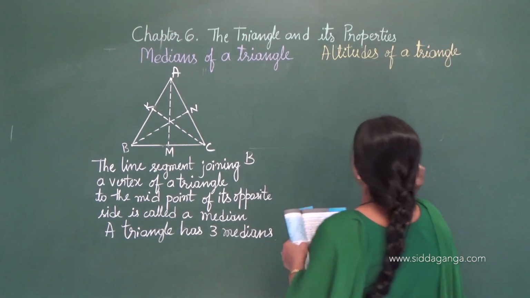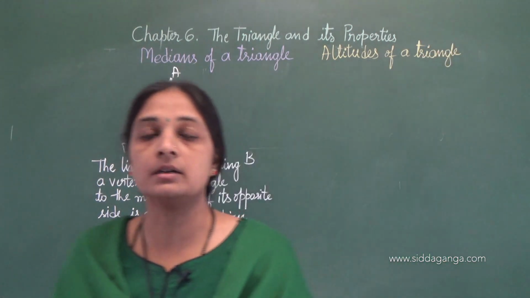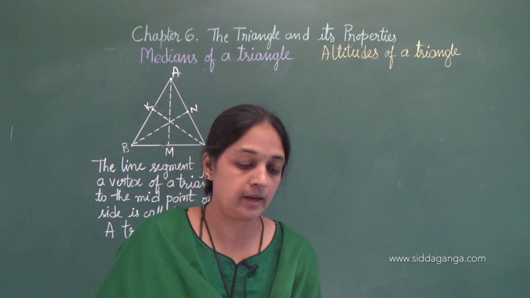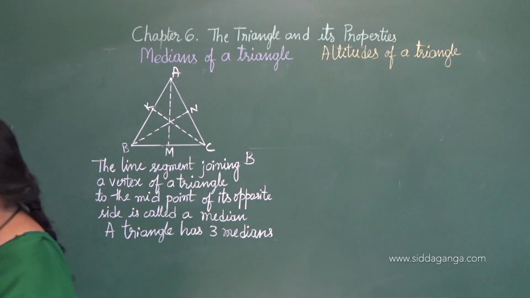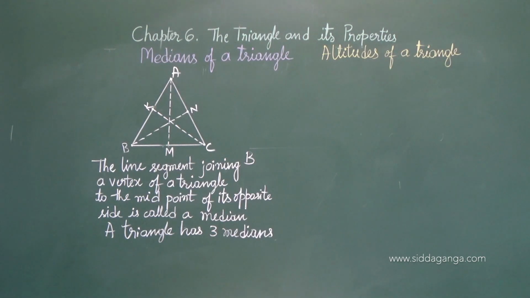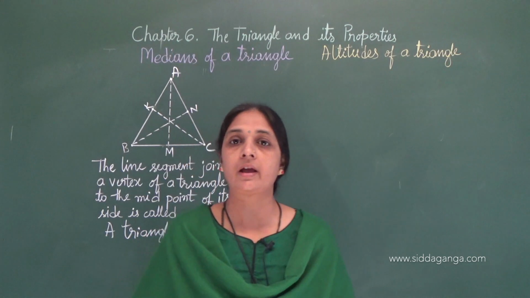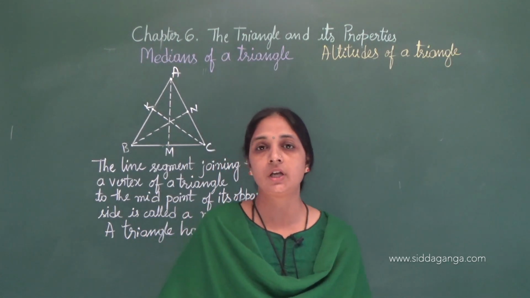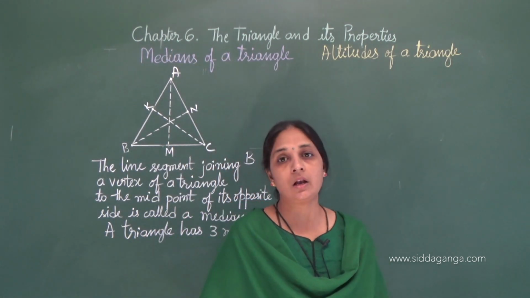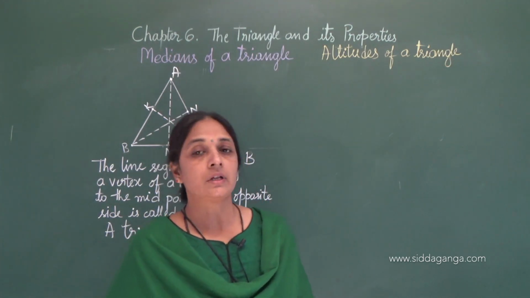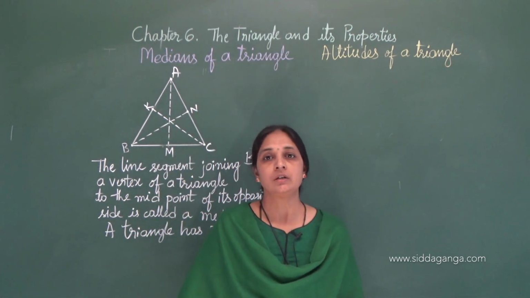Here altitude means height. So how can we find out the height of a triangle? Here also we take the perpendicular line segment to the opposite vertex.